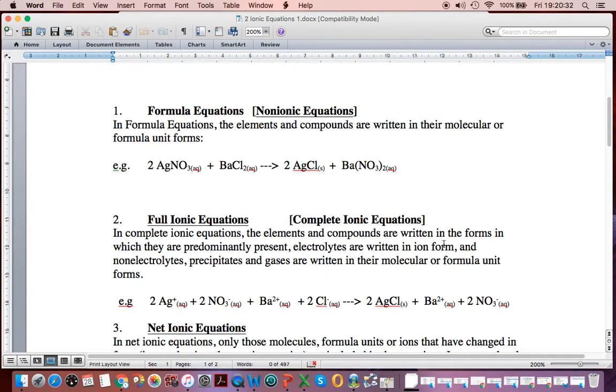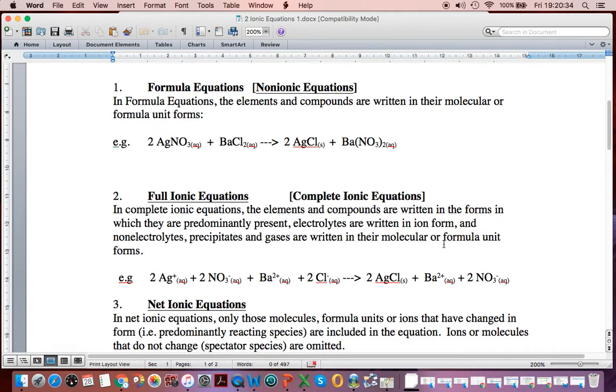Now, net ionic equation says, hey, let's just worry about what changed in the reaction. If you look at the Ag+, here it is by itself. Now it's in a compound. If you look at 2 nitrates here, oh, I have 2 nitrates there. So I can delicately cancel them out. Ba2+ aqueous here, Ba2+ aqueous on the right. Can cancel those out. Here I have 2 chlorides, and oh, now it's not on its own.